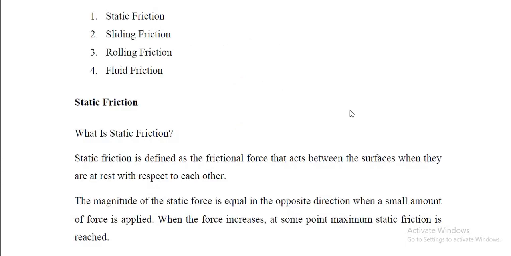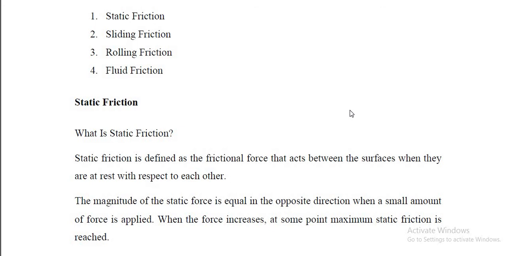Now we'll discuss what static friction actually is. Static friction is the frictional force that occurs between bodies when they are at rest with one another. The magnitude of the static friction force is equal and opposite when a small force is applied.